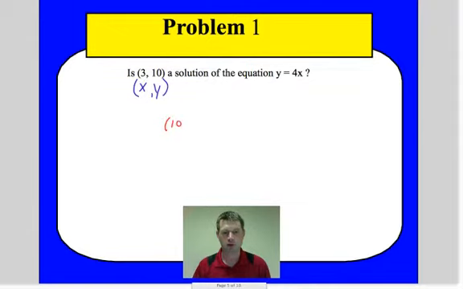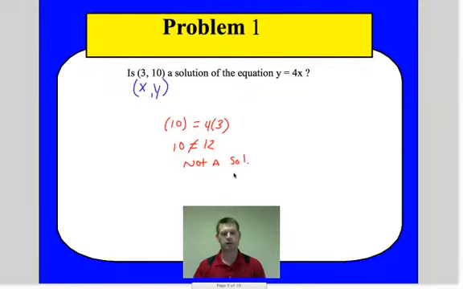So we are going to plug in 10 for the y, and that's equal to 4 times 3, which is the x. Okay, so well 10 is 10, there's nothing to do there, but 4 times 3 is 12. Is that true? No. So this is not a solution. Okay, not a solution because 10 does not equal 12. So (3, 10) is not a solution.